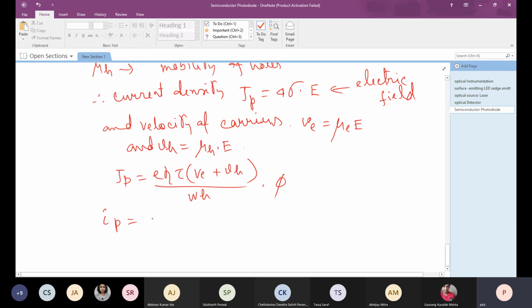The current IP is A into JP. So this is equal to e eta tau times VE plus VH, divided by W, into phi.